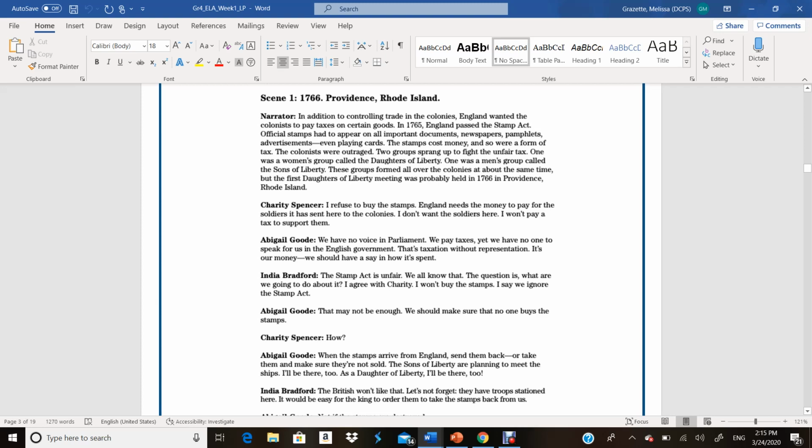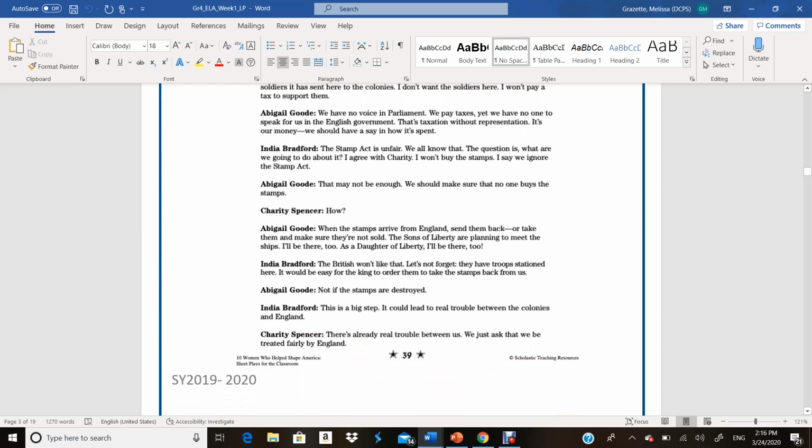India Bradford: The Stamp Act is unfair. We all know that. The question is, what are we going to do about it? I agree with Charity. I won't buy the stamps. I say we ignore the Stamp Act. Abigail Good: That may not be enough. We should make sure that no one buys the stamps.